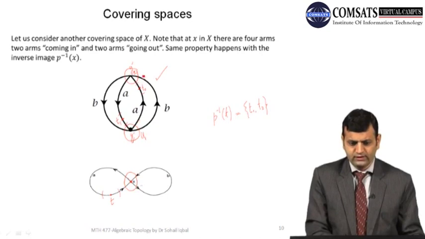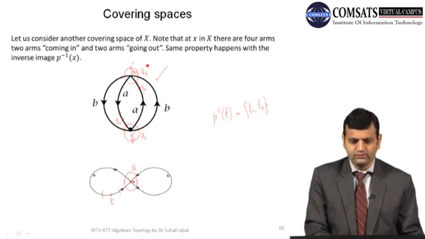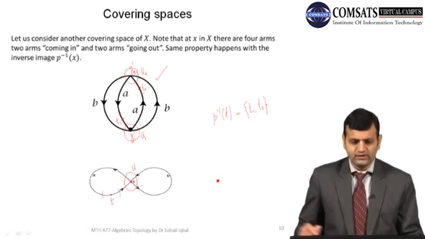Let's call them U1 and U2, and let's call this open set U. So the inverse image of U is U1 and U2, and both are homeomorphic to this open set U, because once again we can see that there is one edge of A going out, one edge of A coming in, one edge of B going out, one edge of B coming in, and the same is the case in U1, and similarly for U2. So all the properties of the covering space are satisfied. So that's another covering space of the space X.